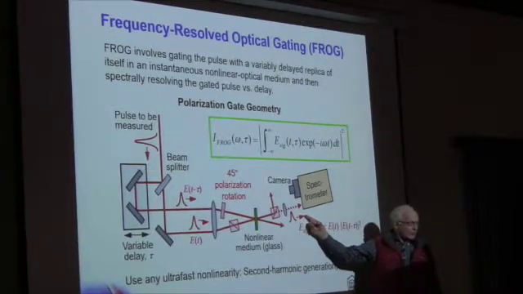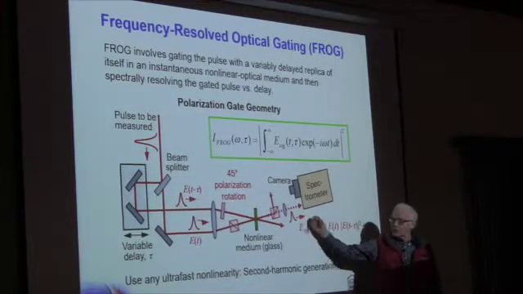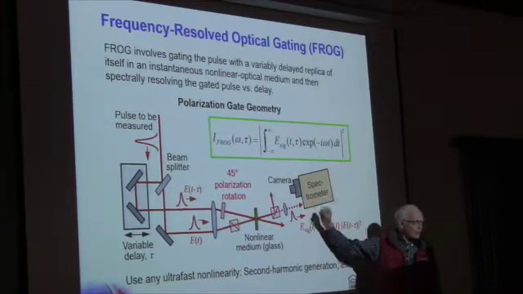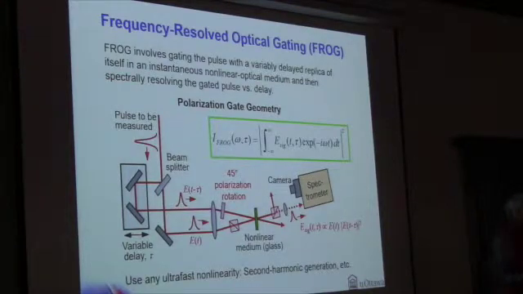A second harmonic crystal comes out here, and instead of having a single detector, you put a spectrograph, and you get a full spectrum of the radiation. This gives you a 2D spectrum versus time, and so you now satisfy everything that's needed. And so inversion algorithms, which are not completely transparent, can always converge to a solution, as Ken said.